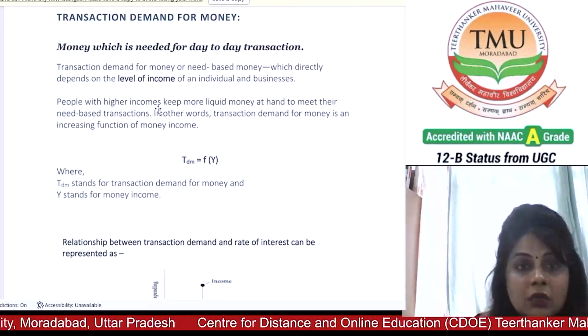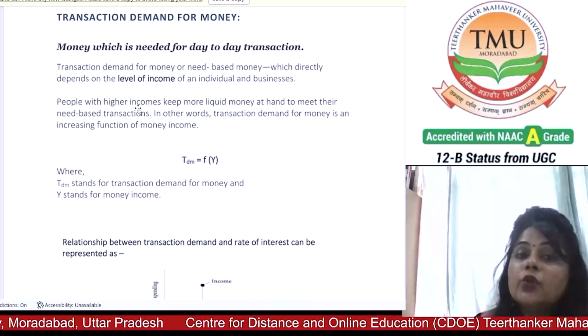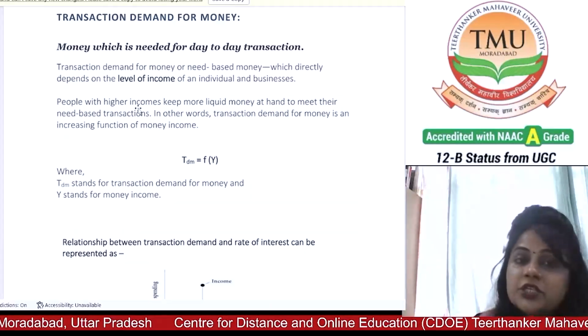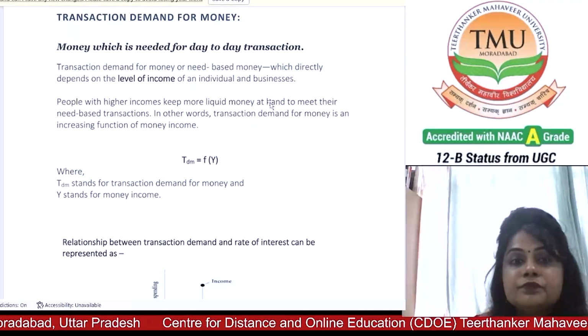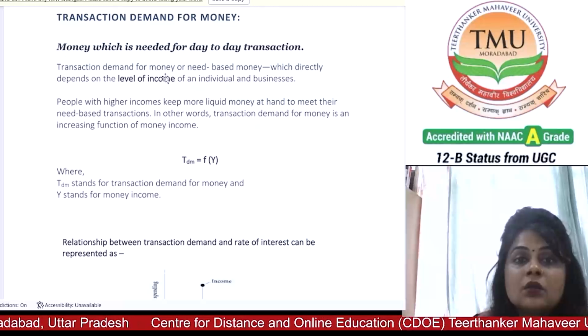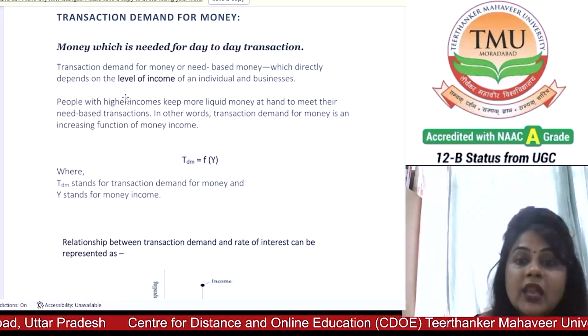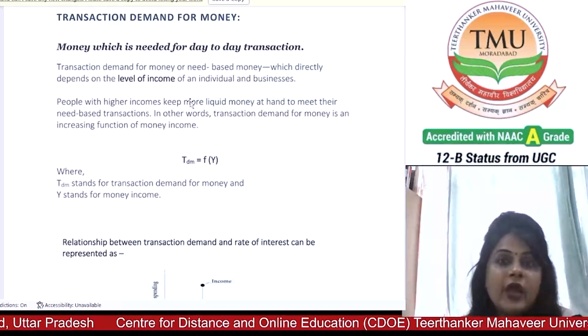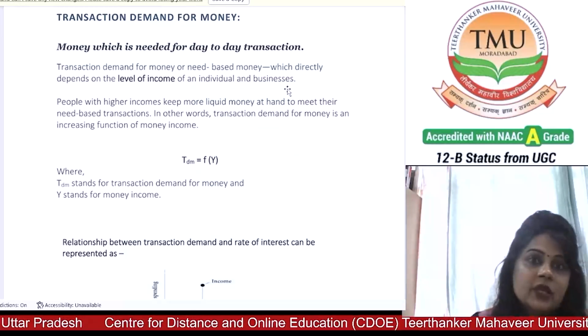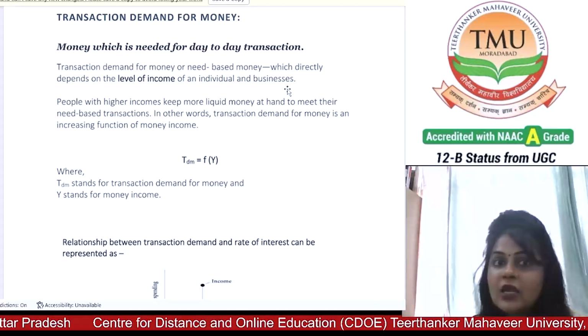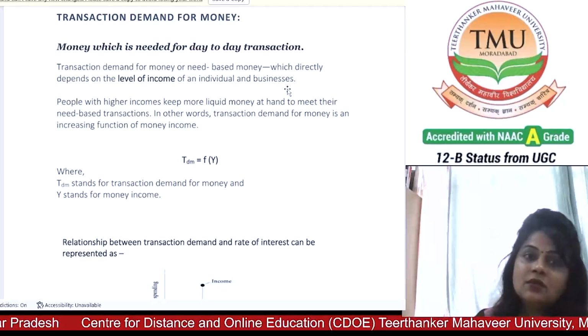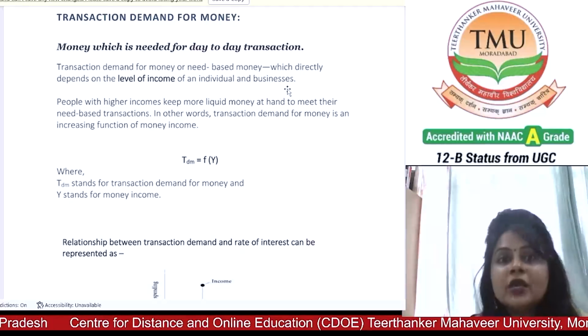Transaction demand for money is money which is needed for day to day transactions, or need-based money, which directly depends on the level of income of an individual and businessman. If the level of income increases, the transaction motive will also increase.